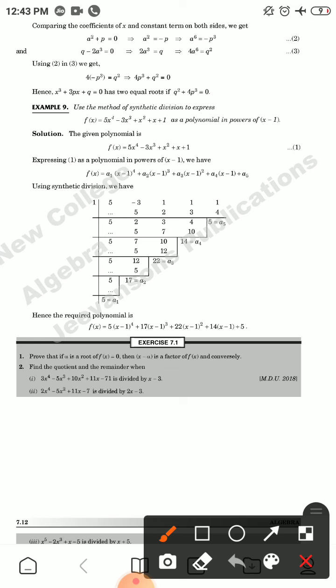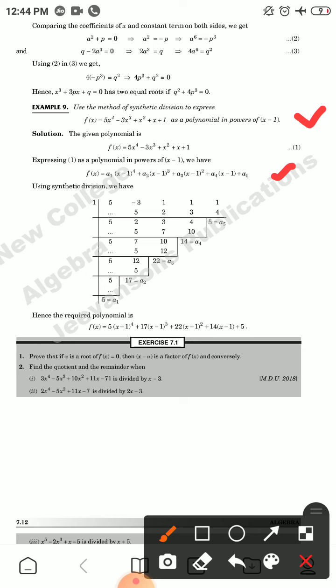Now example number 9, use the method of synthetic division to express the given polynomial 5x to the 4 minus 3x cube plus x square plus x plus 1 as a polynomial in powers of x minus 1. The given polynomial is fx is equal to 5x raised to power 4 minus 3x cube plus x square plus x plus 1, marking this as number 1. Expressing it as a polynomial in powers of x minus 1, we have fx is equal to a1 into x minus 1 raised to power 4 plus a2 into x minus 1 raised to power 3 plus a3 into x minus 1 square plus a4 into x minus 1 plus a5.